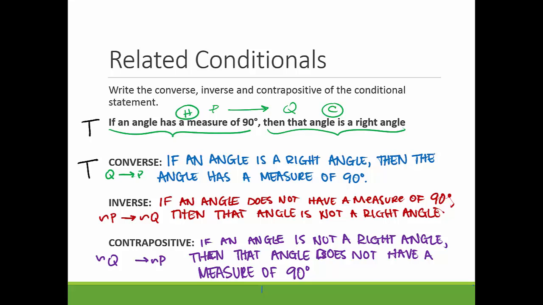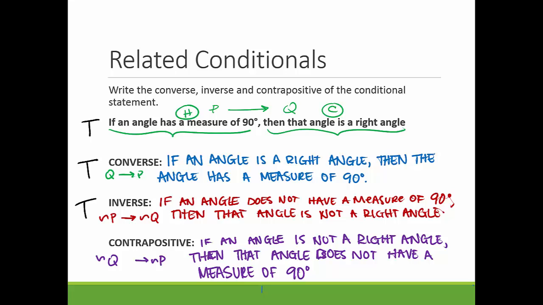So let's read the inverse. If an angle does not have a measure of 90 degrees, then that angle is not a right angle. So any angle, not 90 degrees, like let's say 85, that angle cannot be a right angle. So this one's also true. Contrapositive, if an angle is not a right angle, then that angle does not have a measure of 90 degrees.